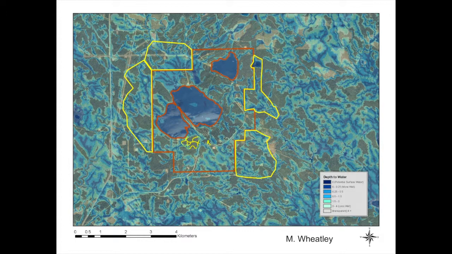So identifying key areas of hydrological connectivity provides us with a tool to work with the adjacent land manager to reduce the impact on the hydrological values within the park. And we've been successful in doing that, particularly in places where there are oil and gas activities adjacent to a park. Just simple reconfigurations of where either the road or the well pad might be placed can significantly reduce the impact on the wetland values of a particular protected area.